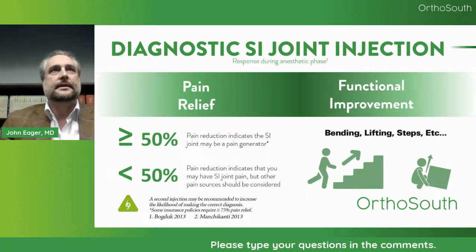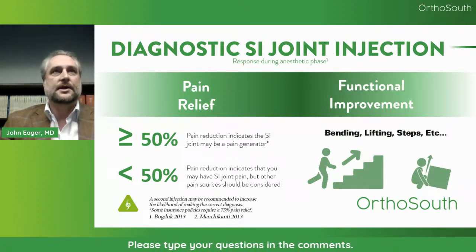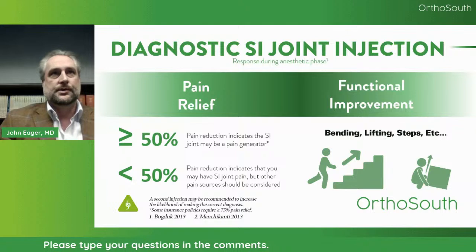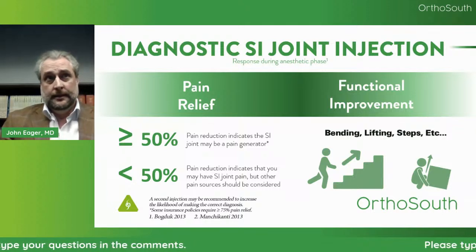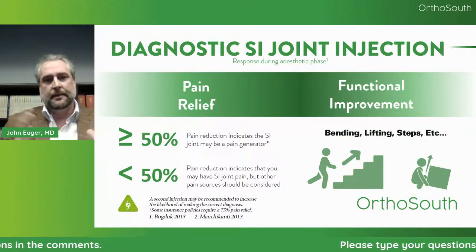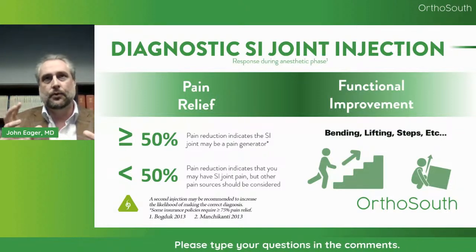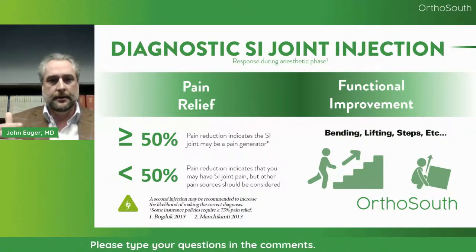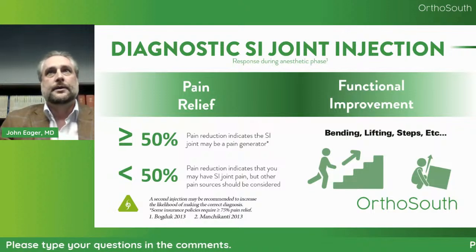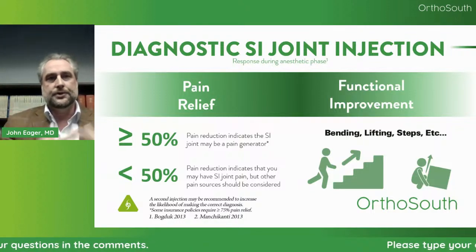Less than 50% indicates that you may have SI joint pain, but other pain sources should be considered. Back to my earlier point on establishing a patient's primary pain generator, people can have multiple issues going on. It's important to hone in on their primary source of pain to have a more targeted treatment strategy.